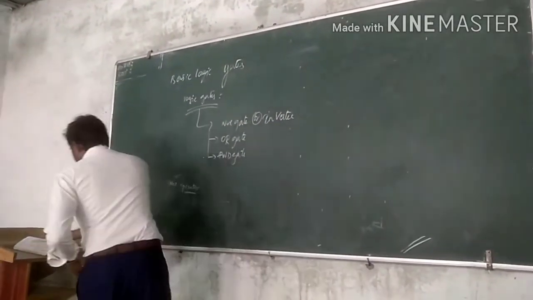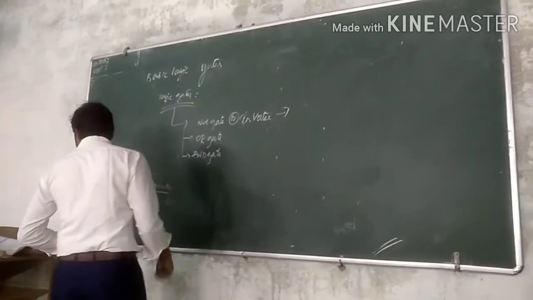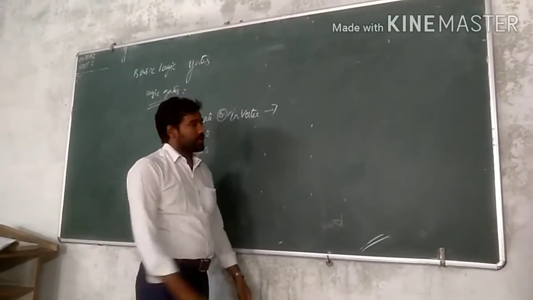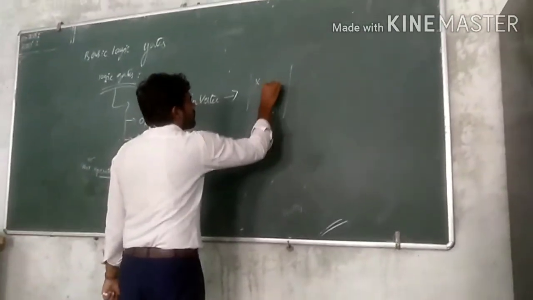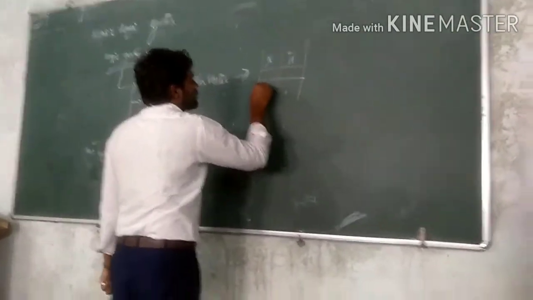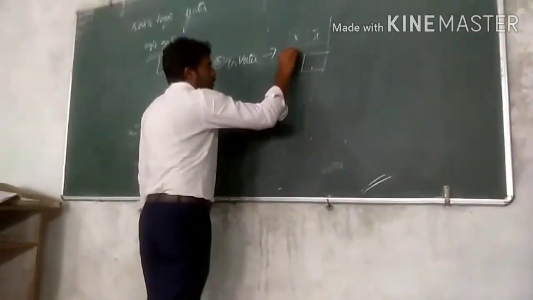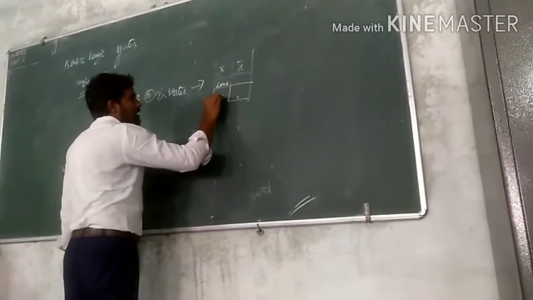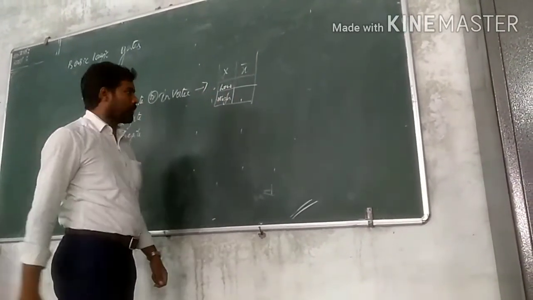The first one is the NOT gate. As per the NOT gate, the output is low if the input is high. Low means 0, high means 1.